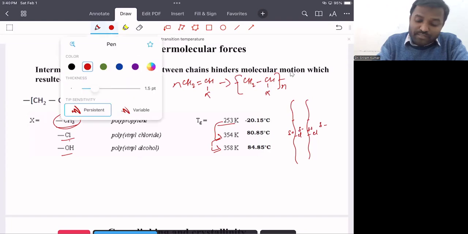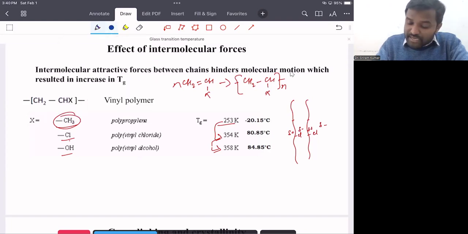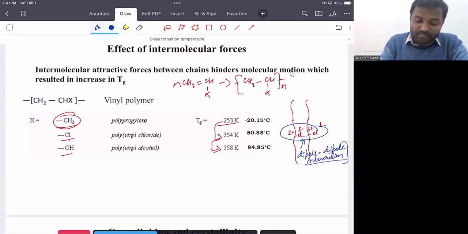Because of this, we have dipole-dipole interaction.